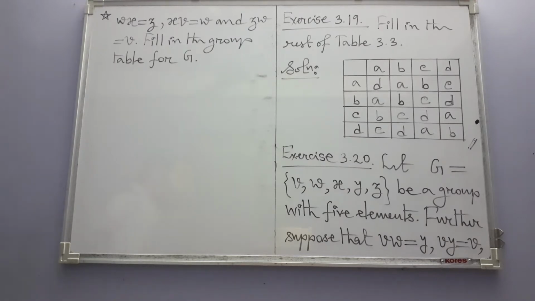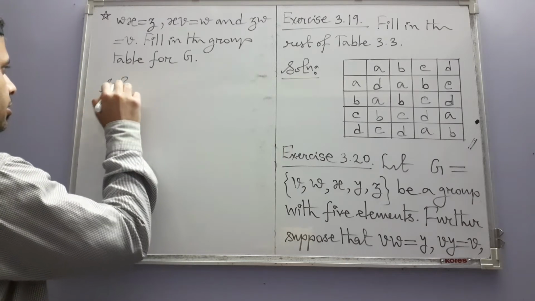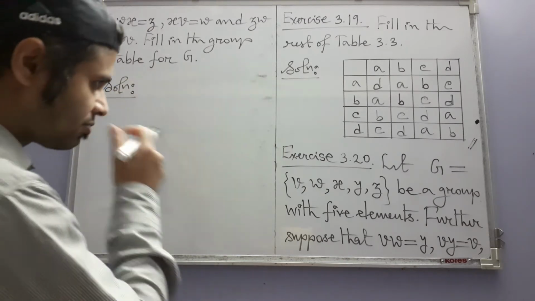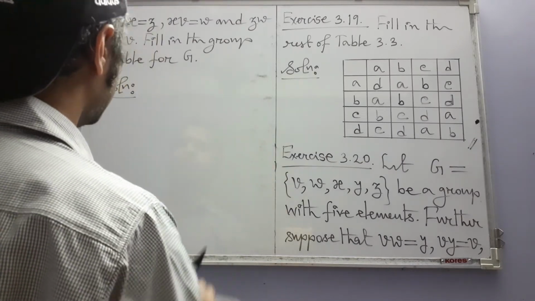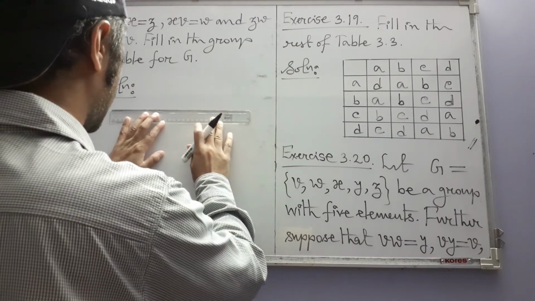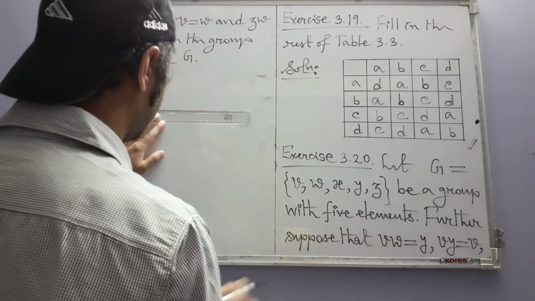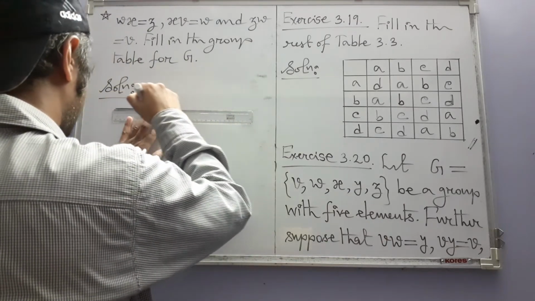So let us first make the table, and first let's just fill in those cells that are already given. So how many are there? 5. So we need 6 rows and 6 columns.